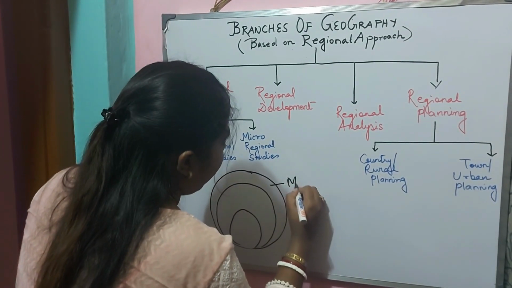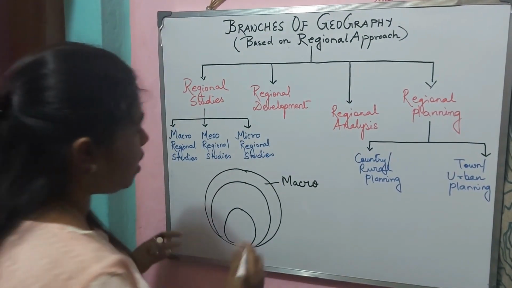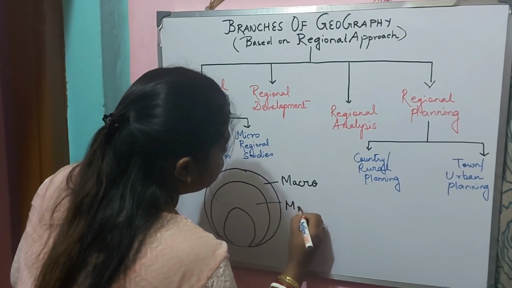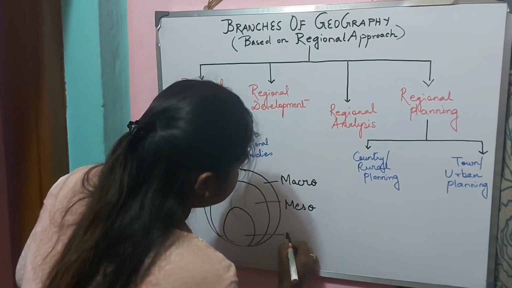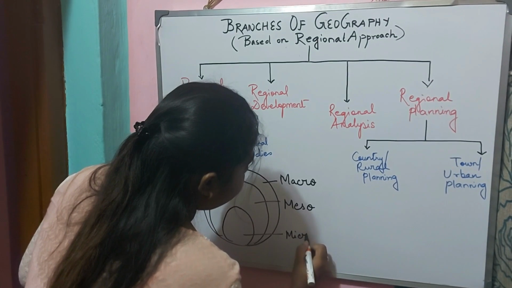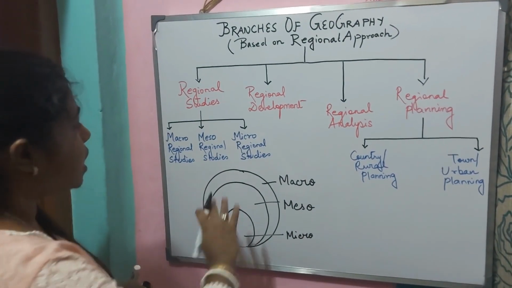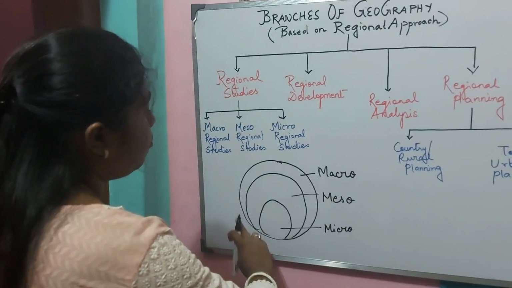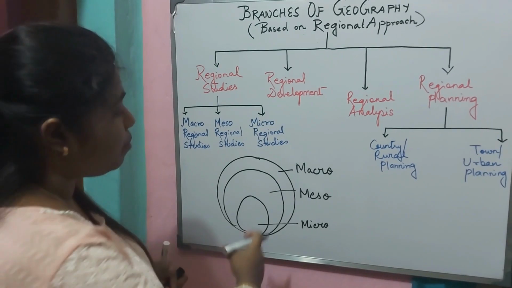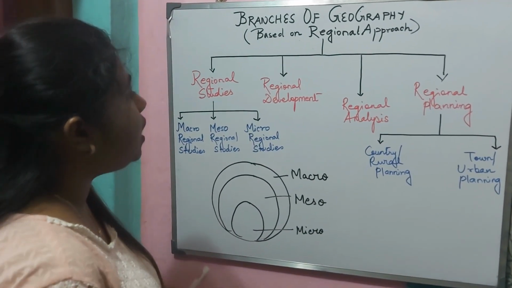So this is macro, regional studies of the larger areas; meso, regional studies of the medium areas; and micro, regional studies of the smaller areas. Or we can say regional study of the larger system, the medium system, and the lower system, right?